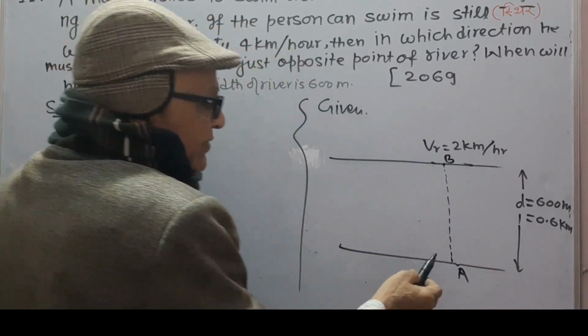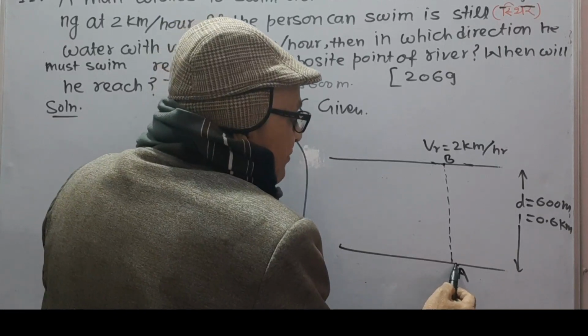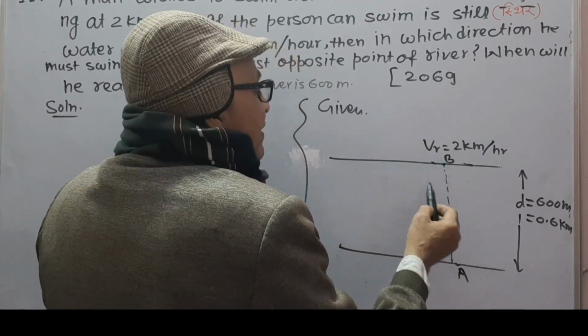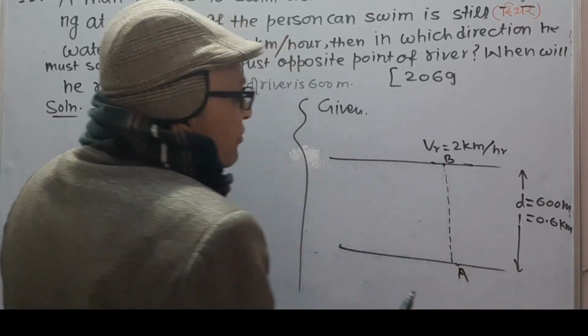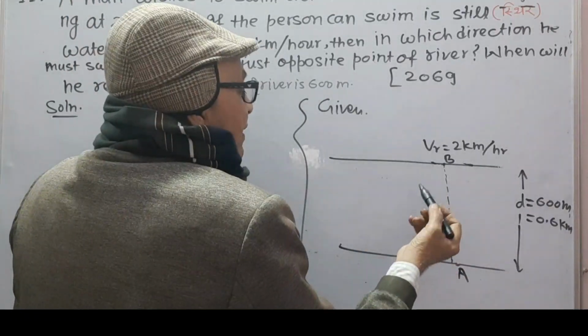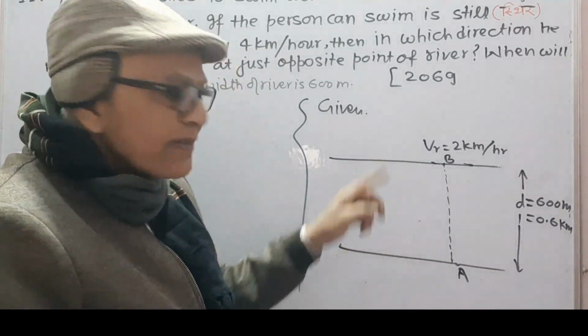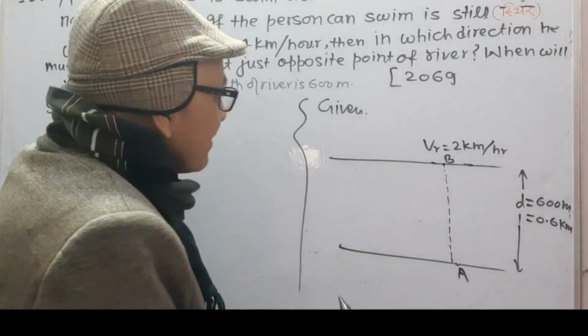The person wants to reach from point A to B, which is just opposite to point A. Then in which direction should the person start swimming?